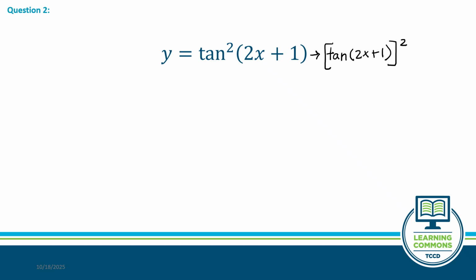Now, there are 2 chains in this. Why do I say that? Because in the last one, we said this was the outside and this was the inside. However, now you have this squared.